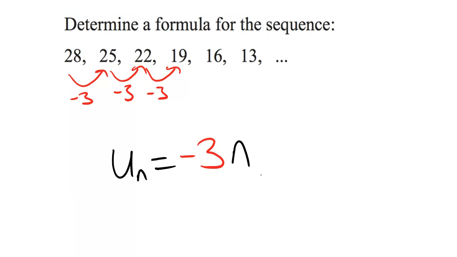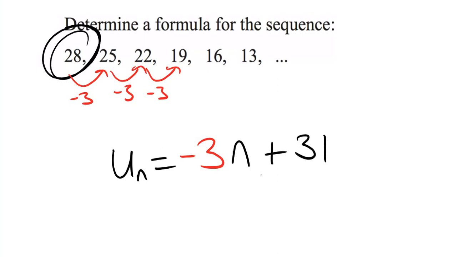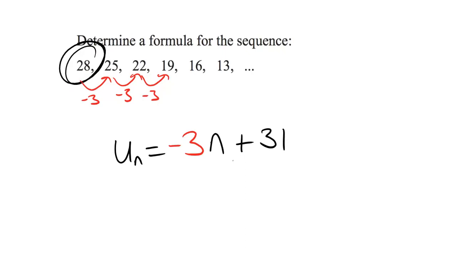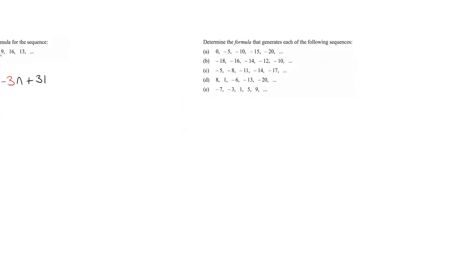That's our starting point, but the same rules apply. What is it that I add to minus 3 to make that first number 28? Of course, it is positive 31. If I add minus 3 and 31, it's going to make a positive 28. So there's my formula: un equals minus 3n plus 31.